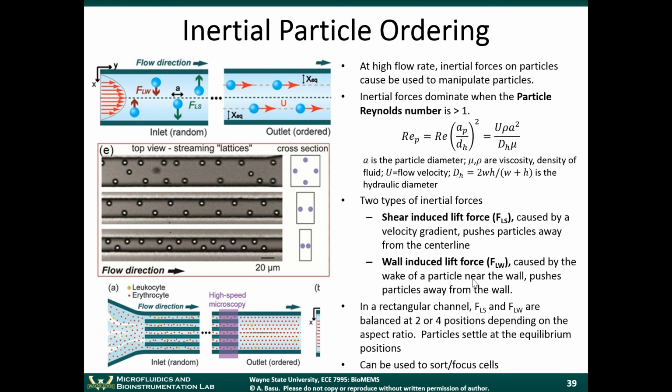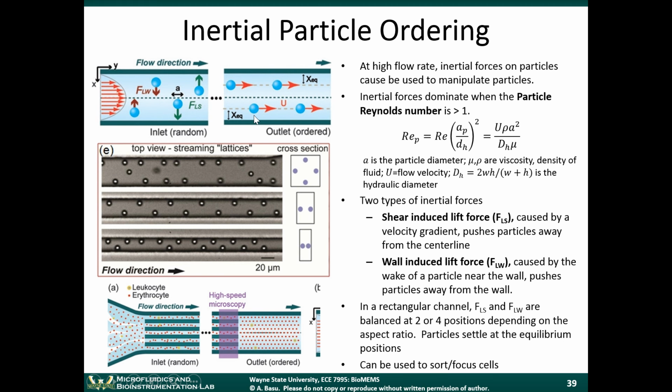So at some point, the two forces are balanced, meaning that the shear-induced lift force is equal to the wall-induced lift force. At that point in the channel, which usually happens at around 0.6, 60% of the channel diameter, the particles will basically have no forces pushing them either away from or towards the center of the channel.